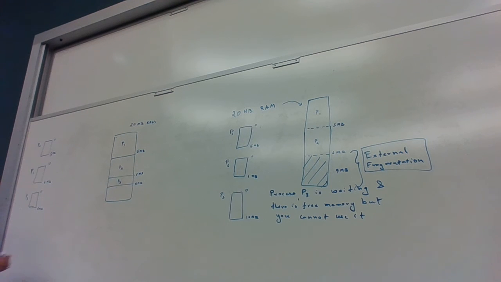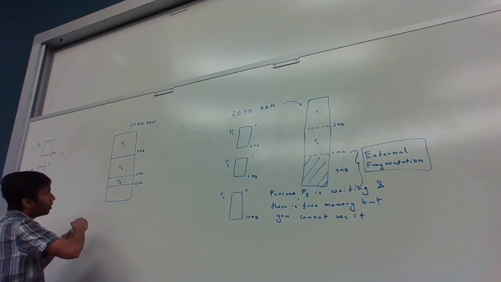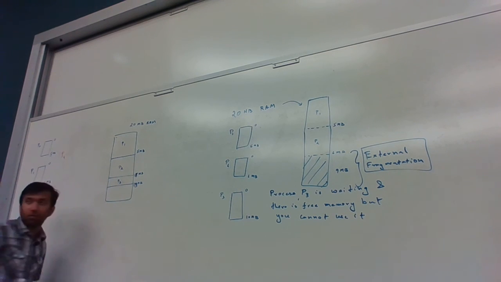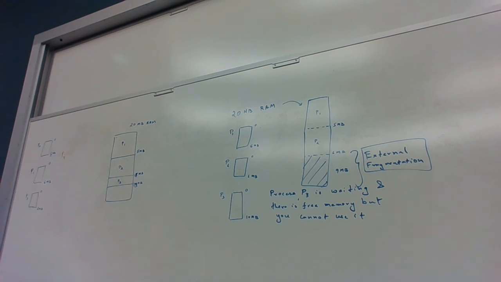But now let's assume that there is another process P4 that comes after P3. There is a mistake here: this is not 6 MB, this is 11 MB, and this is 13 MB.